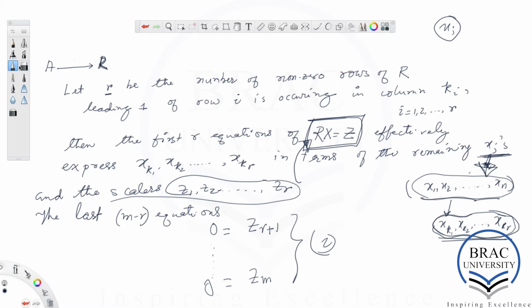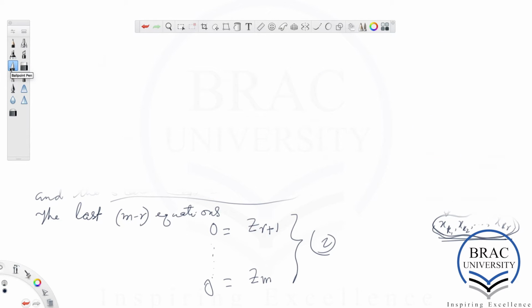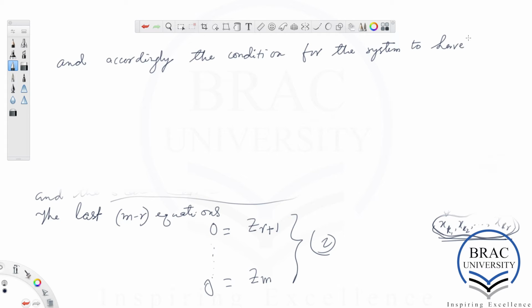So this is our equation number 2. Let me erase this front part. And accordingly, the condition for the system Rx is equal to Z to have a solution is Zi is equal to 0 for i greater than r.